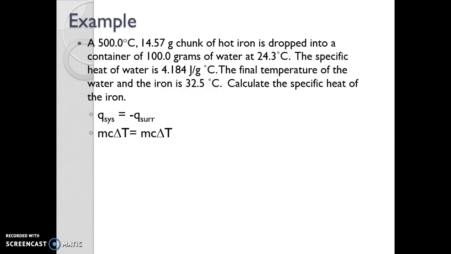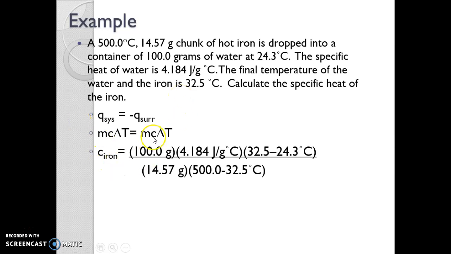If the temperature of those two were not the same, you would still have energy exchange going on. Energy always flows from high energy to low energy. So you'd still have energy exchange going on. But once the energy exchange is complete, everything's at the same temperature, then you can use the information to measure or to calculate the specific heat of your sample.